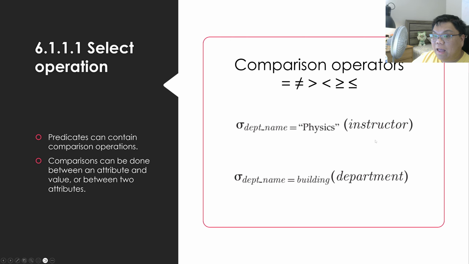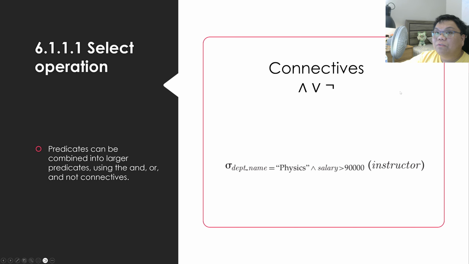We build up predicates by comparing an attribute with another attribute or an attribute to a value using one of those 6 comparison operations. We can build up larger predicates by using the logical connectives and, or, and not.